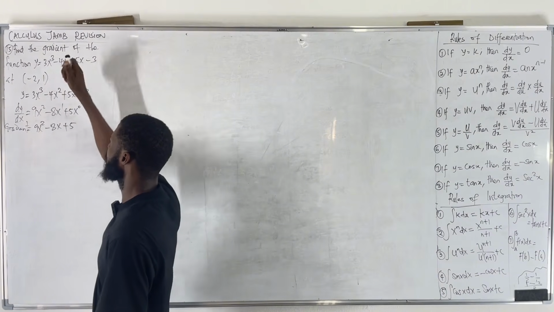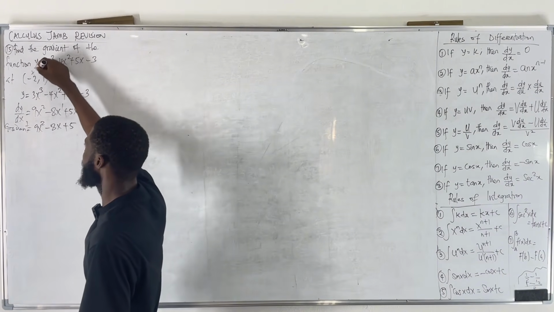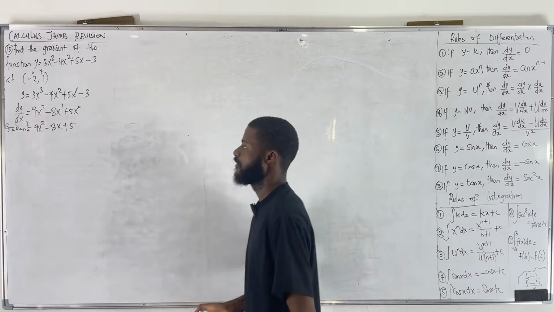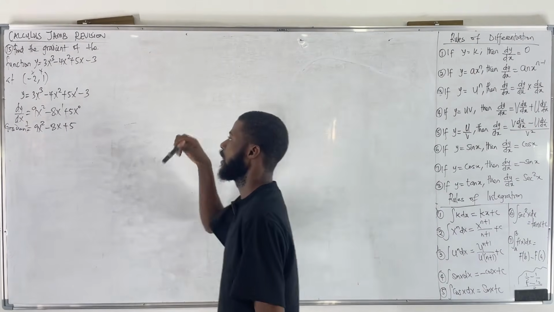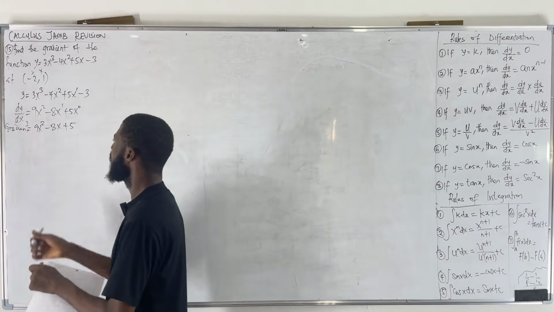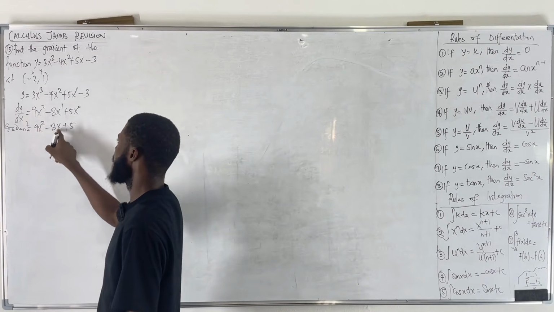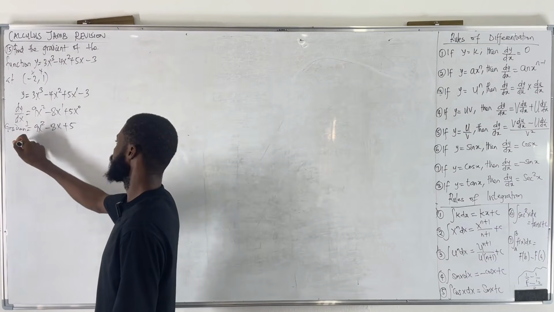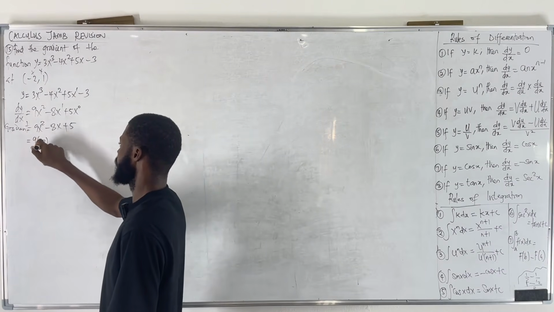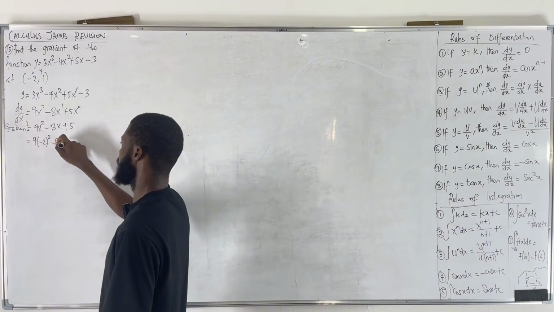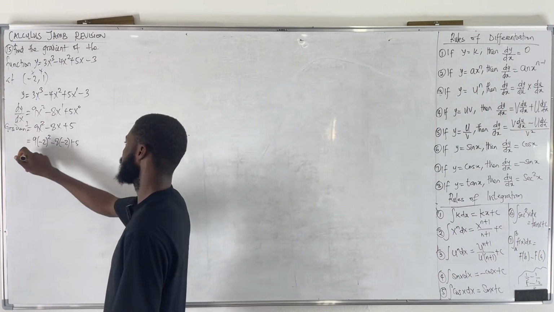Now, remember that if you're given a coordinate, the first one is always x, the second one is y. Anywhere I see x, I'm going to put minus 2. So this will be 9 brackets minus 2 squared, minus 8 brackets minus 2, plus 5.